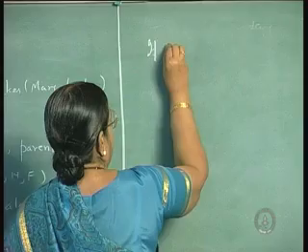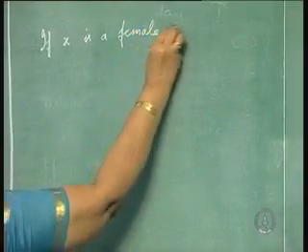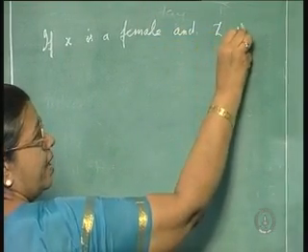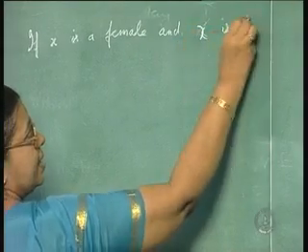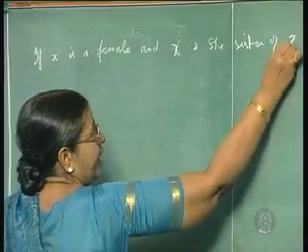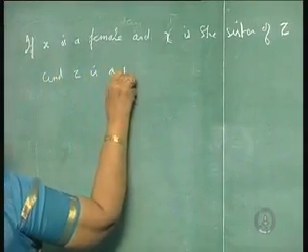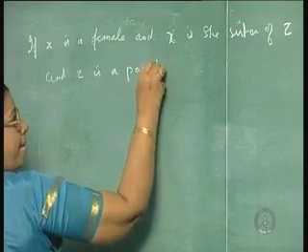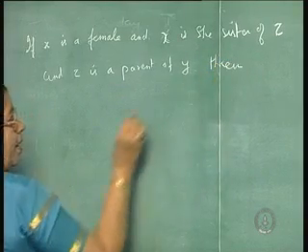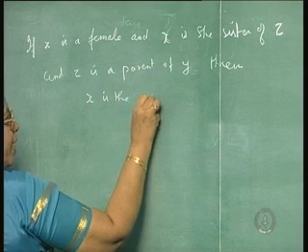If X is a female and X is the sister of Z and Z is a parent of Y, then X is the aunt of Y.